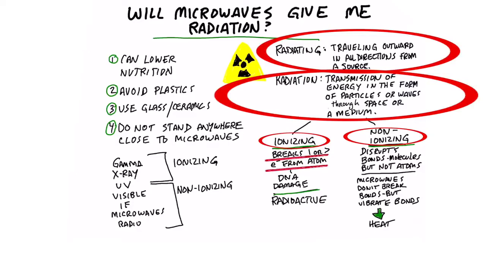It's deeper, it can create DNA damage, and that would be like gamma rays or X-rays, or even to some degree UV radiation. But then you have non-ionizing radiation, which can disrupt bonds of molecules, but not necessarily the atoms.